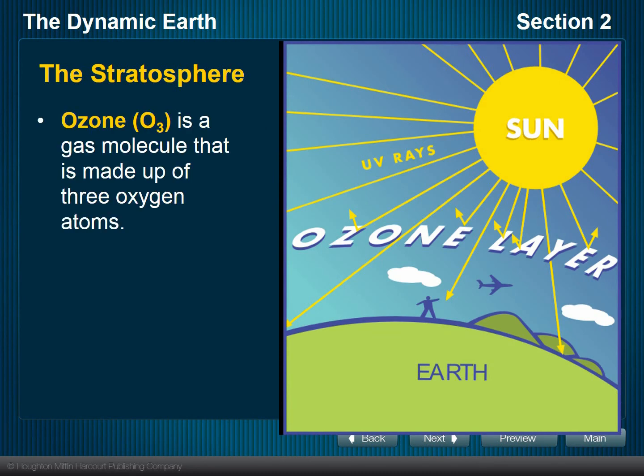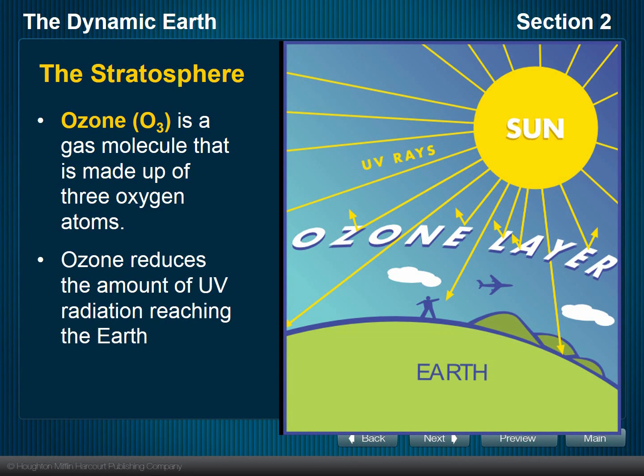Ozone, written as O3, is a gas molecule that is made up of 3 oxygen atoms. Almost all the ozone in the atmosphere is concentrated in the stratosphere. Because ozone absorbs ultraviolet radiation, it reduces the amount of harmful UV radiation that reaches the Earth.